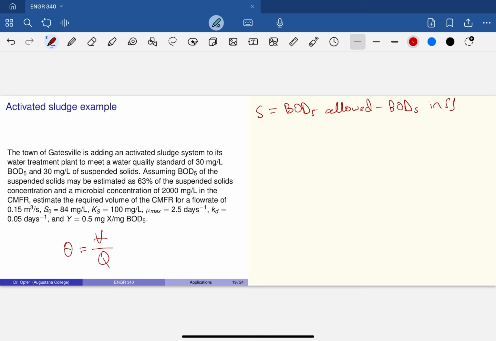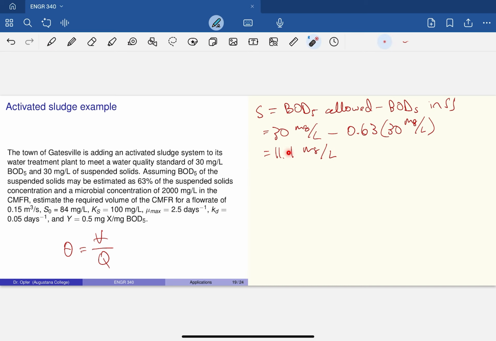So that is 30 milligrams per liter allowed minus 63% of the suspended solids is BOD5, and we have 30 milligrams per liter of suspended solids, so we'll have 0.63 times 30 milligrams per liter, and that's going to give us a soluble BOD concentration of 11.1 milligrams per liter.